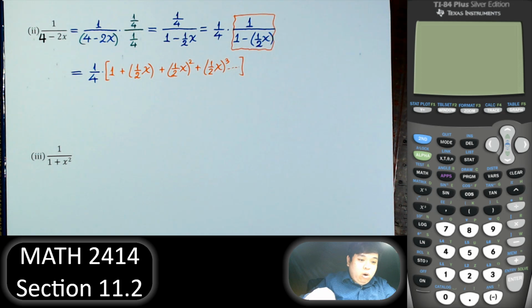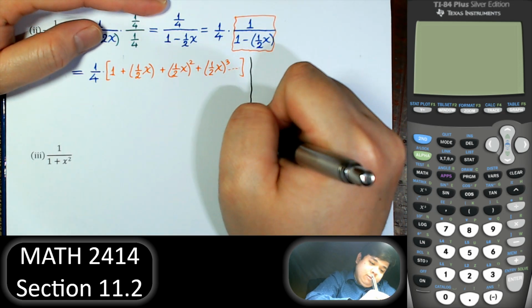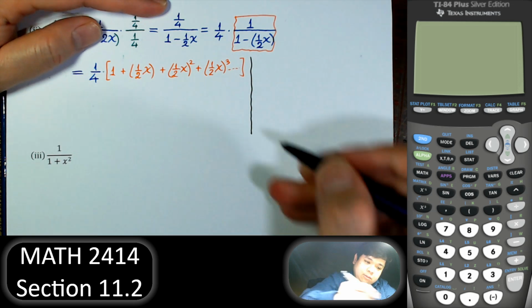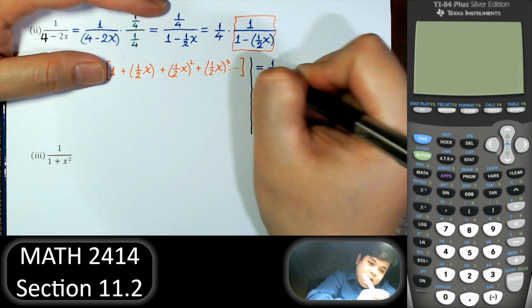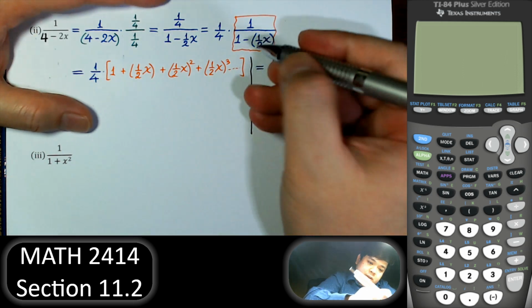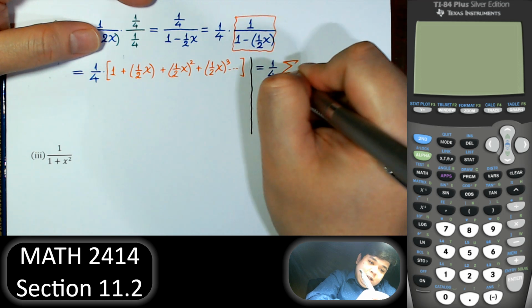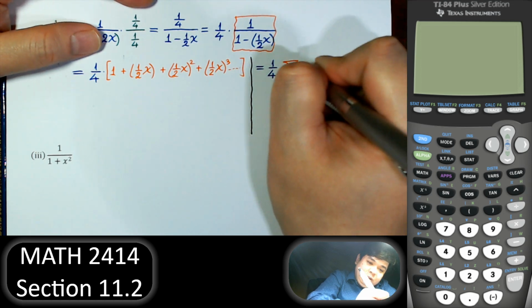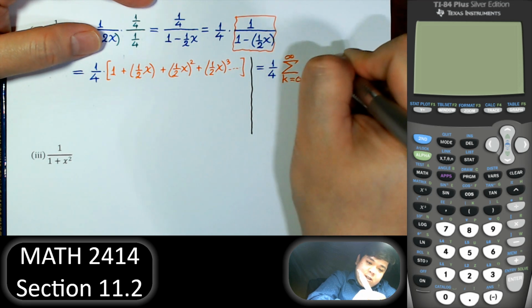Or if you want to write that in the summation form, it is equal to 1/4 times the summation from k equals 0 to infinity of (1/2 x) to the k power.